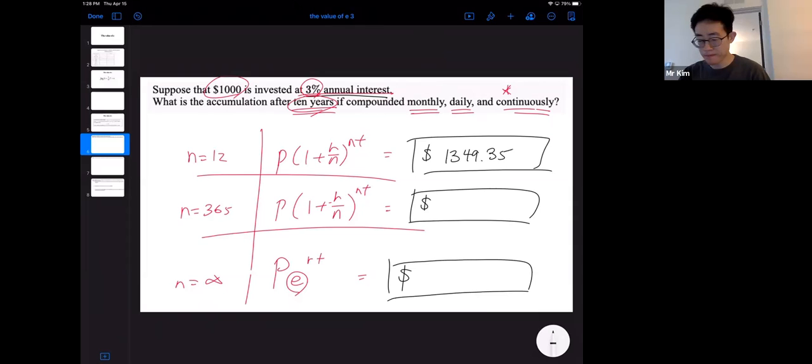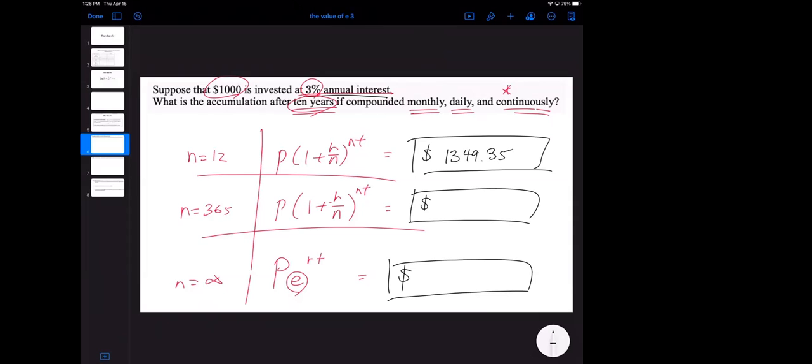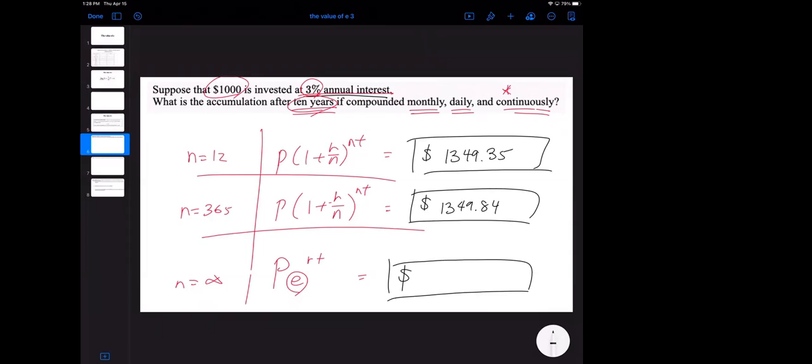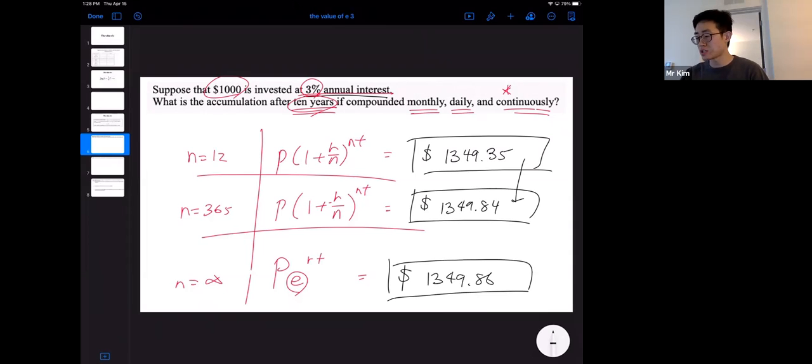Perfect. For daily, I got 1,349.84. Excellent. And the last one, 1,349.86. Excellent. As you can see, the values don't change by much, but it really proves that the continuous function prevails, giving you the highest output possible.